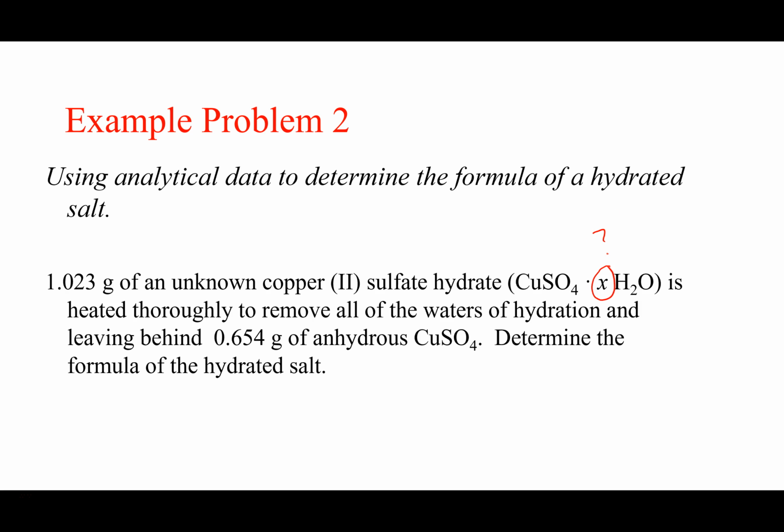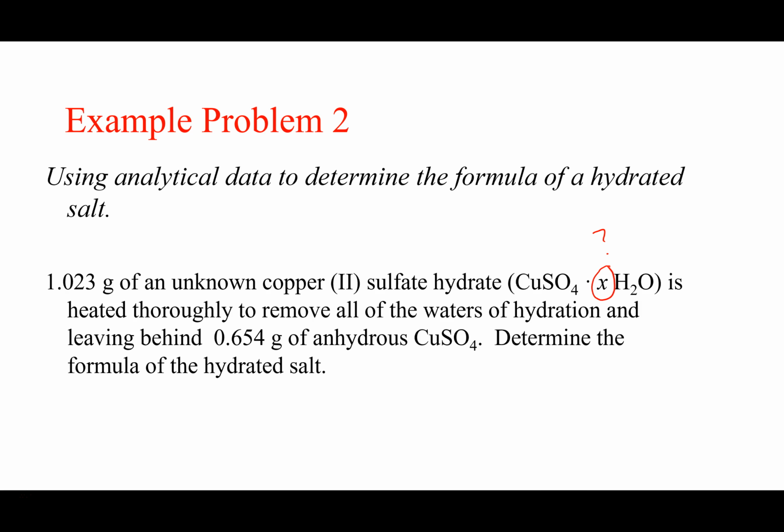So we're going to start out with a blob of CuSO4.XH2O. And we are going to heat it. And what's going to be driven off is the H2O. And we're going to end up with a smaller blob of the anhydrous. These are both solids, so that's kind of what we got going on here.